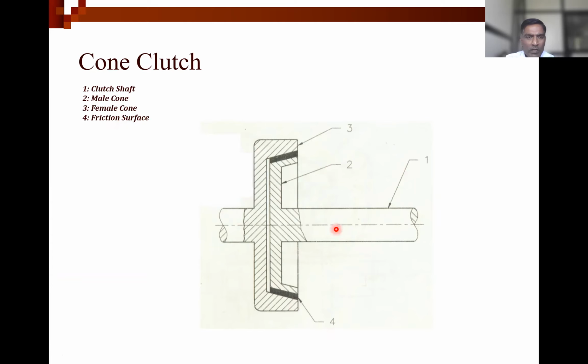So this one is the clutch shaft, and whatever power we need to transmit to this third number element. How is it possible?